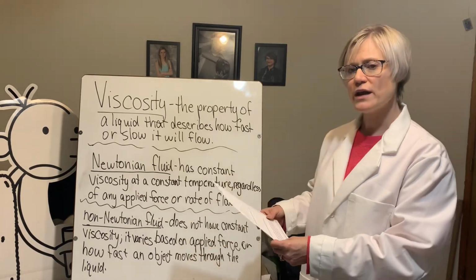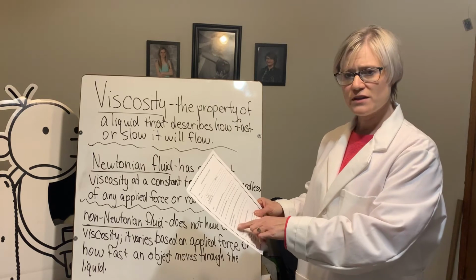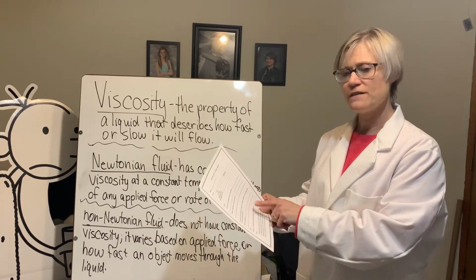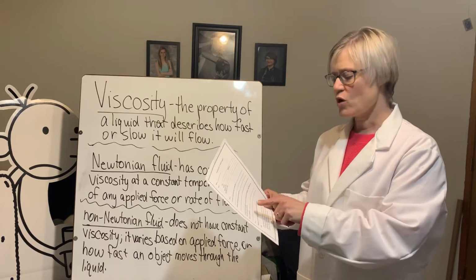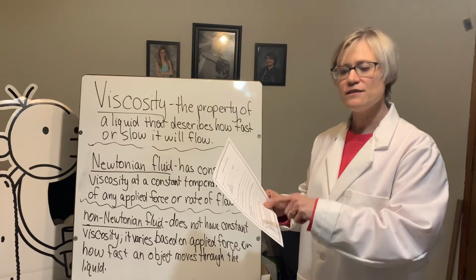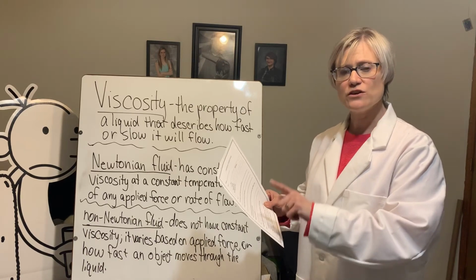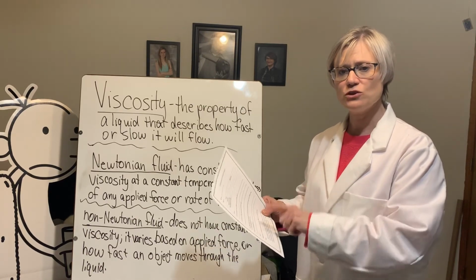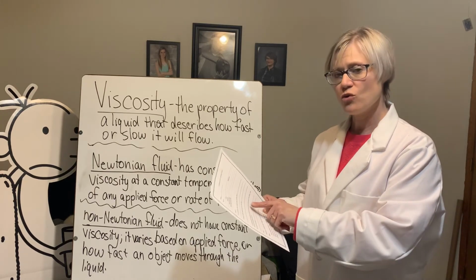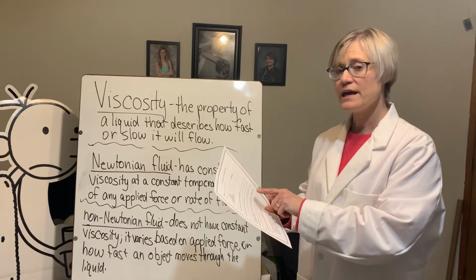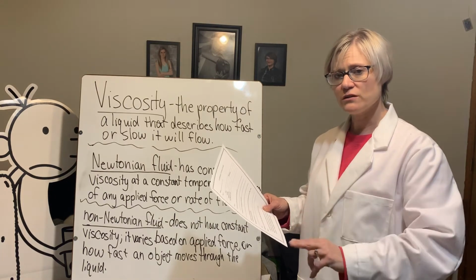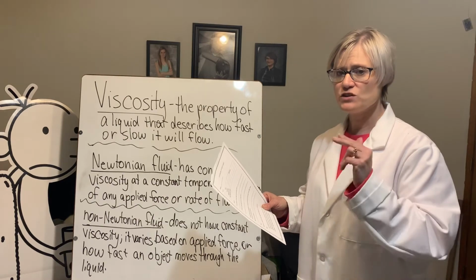So I want you to write a hypothesis. This is the end of part B. Write a hypothesis to tell me how you think that mixture will behave and why you think it will behave that way. Now, this is a hypothesis. This means that this is what you think from the information you know. So we know right now that we are putting together the cornstarch, which is a solid, and water, which is a liquid. So think about mixtures that you've experienced before.